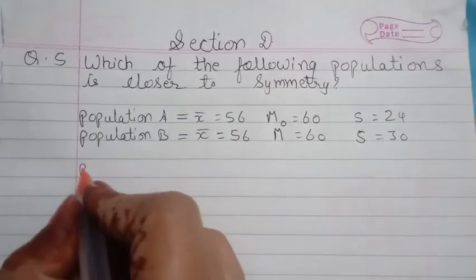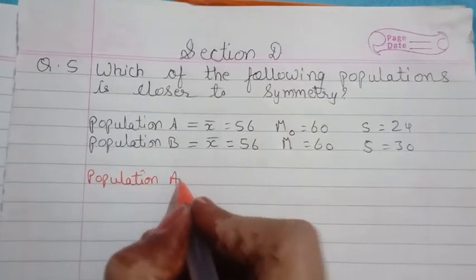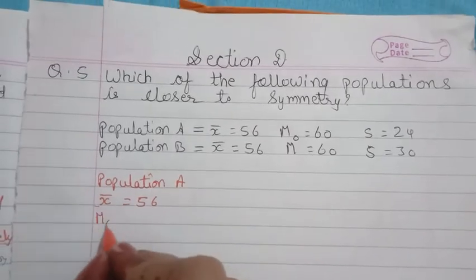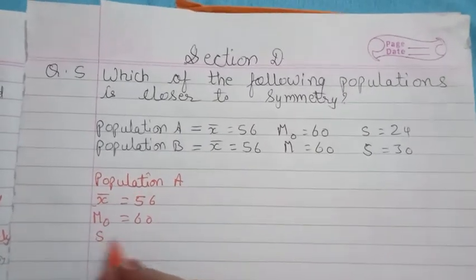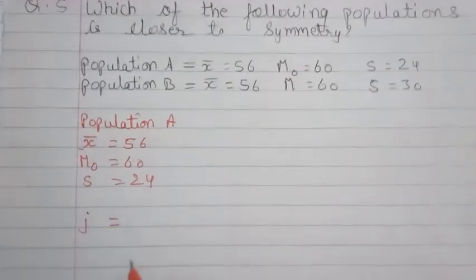So first of all we will find for population A, mean is given to us 56, mode is given 60, and standard deviation is given 24. Now what is the formula for finding J or coefficient of skewness?